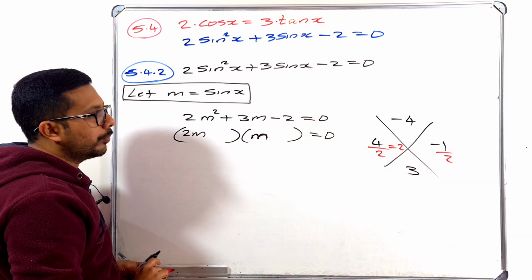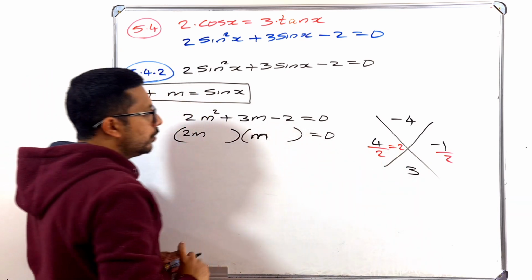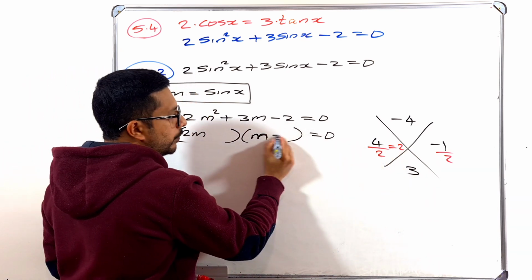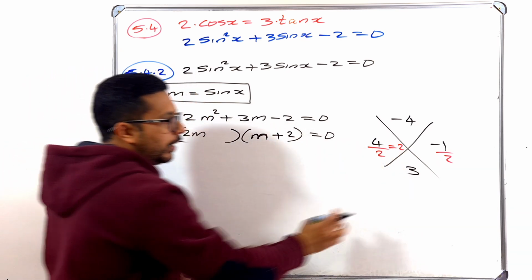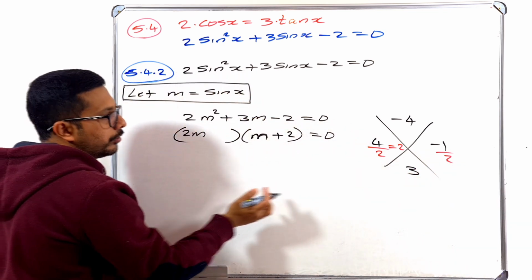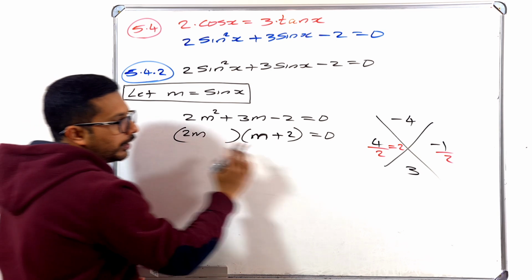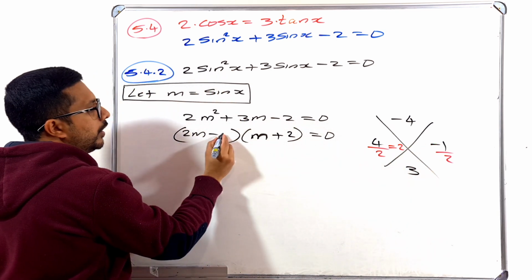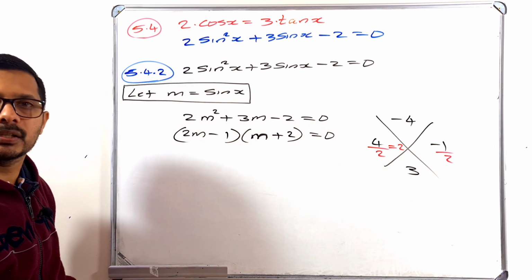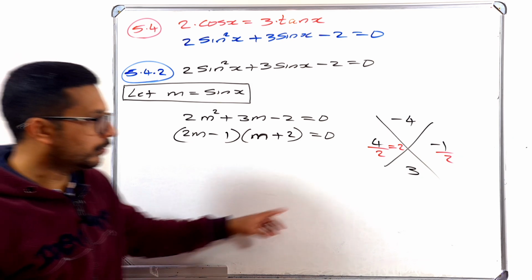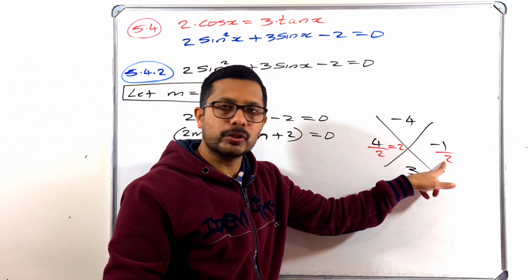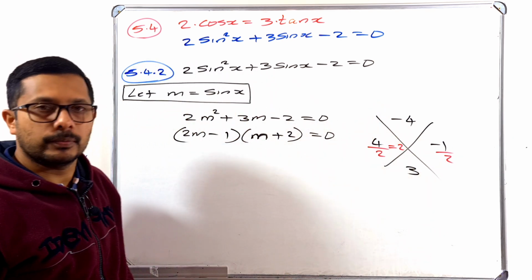Then look at how I am going to write this. The 2 is positive, so it is plus 2. And for minus 1 over 2, the denominator 2 goes with m, and the numerator is minus 1, so that is a factor: 2m minus 1.